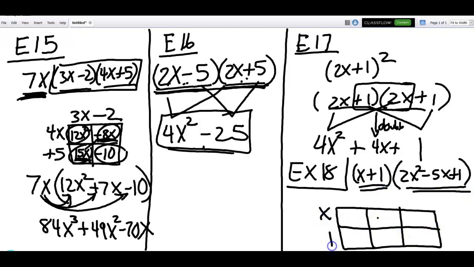So it'll be x plus 1 and 2x squared minus 5x plus 1. You fill in the box just like you do over here. You still combine your like terms and all that sort of good stuff. So not much is really all that different after that. So I'm going to give you guys a couple minutes to work on 15 through 18, then we'll move on to the next part of our thing.